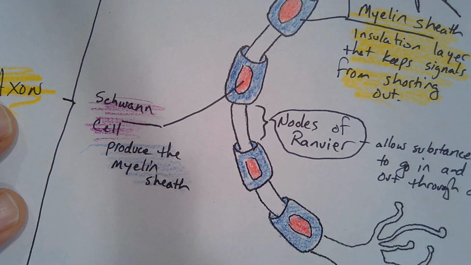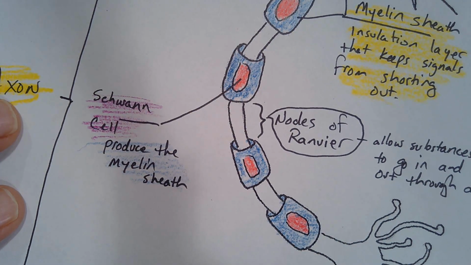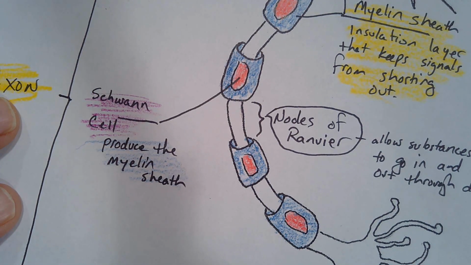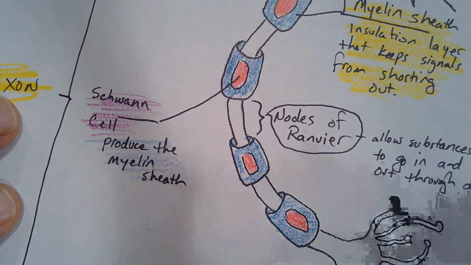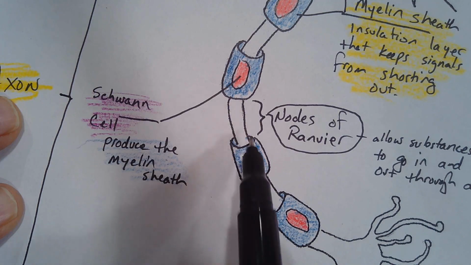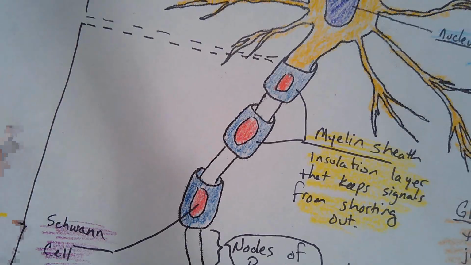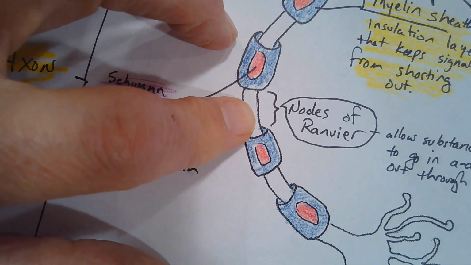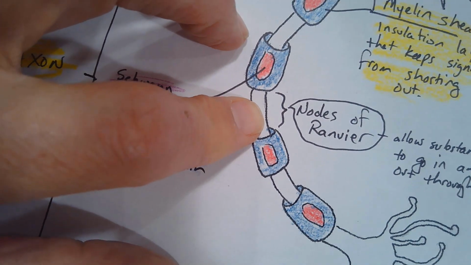So there's either tiny little spaces in the cell membrane, or there's channels in the membrane that allow things to go in and out. It gets kind of complicated. That's why I just want you to get the idea that they have to be able to allow things to go in and out of this, which helps it with the flow of energy, okay? The message is going around.